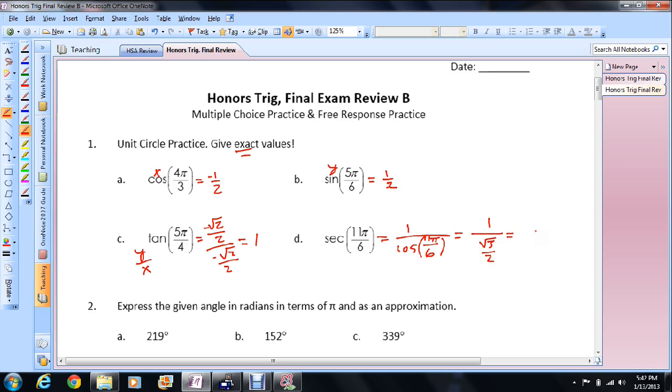We simplify this further. If we take 1 and multiply by the reciprocal of the square root of 3 over 2, we get 2 over the square root of 3. But we know that we're not allowed to leave a radical in the denominator. So after we rationalize this, we get 2 square roots of 3 over 3.